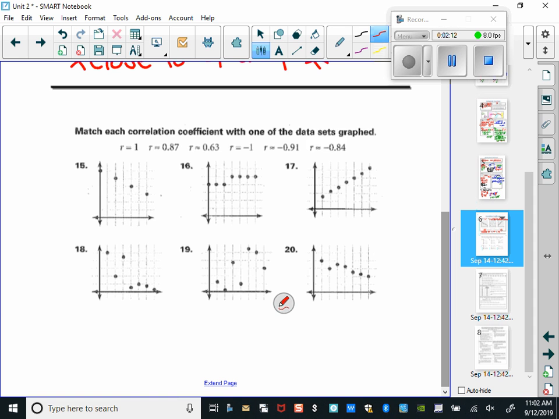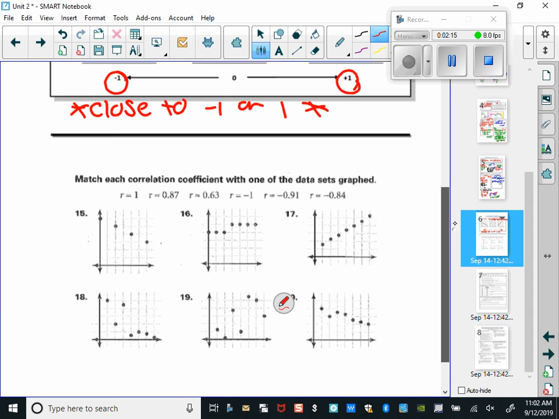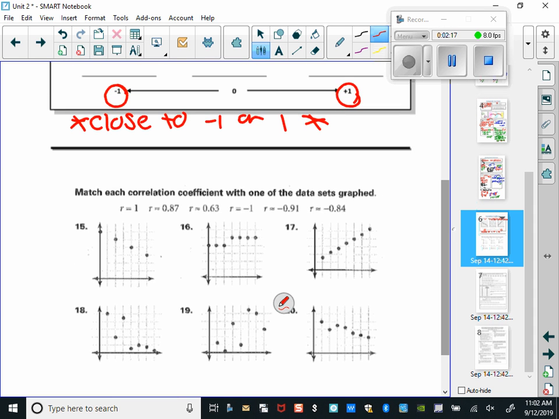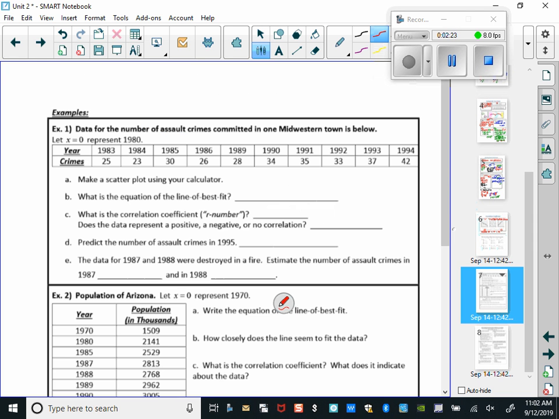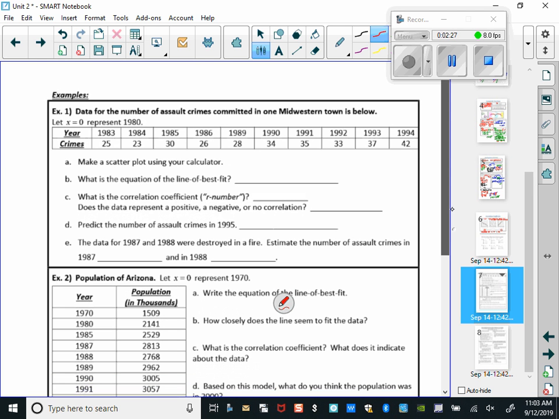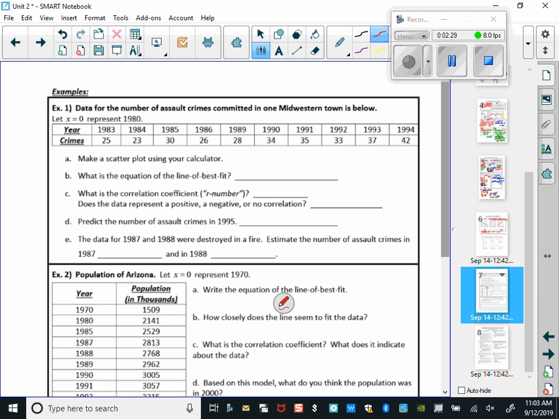You guys can do this part on your own, going through and representing what the R values might be. I'm just going to go through our regression step. Example 1: this data for the number of assault crimes committed in one Midwestern town is below. So x equaling 0 is 1980.